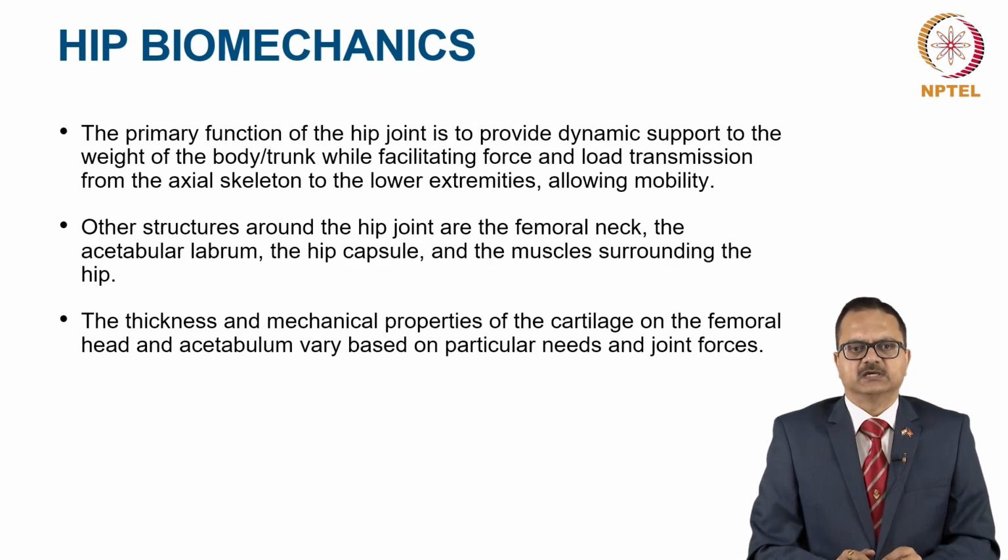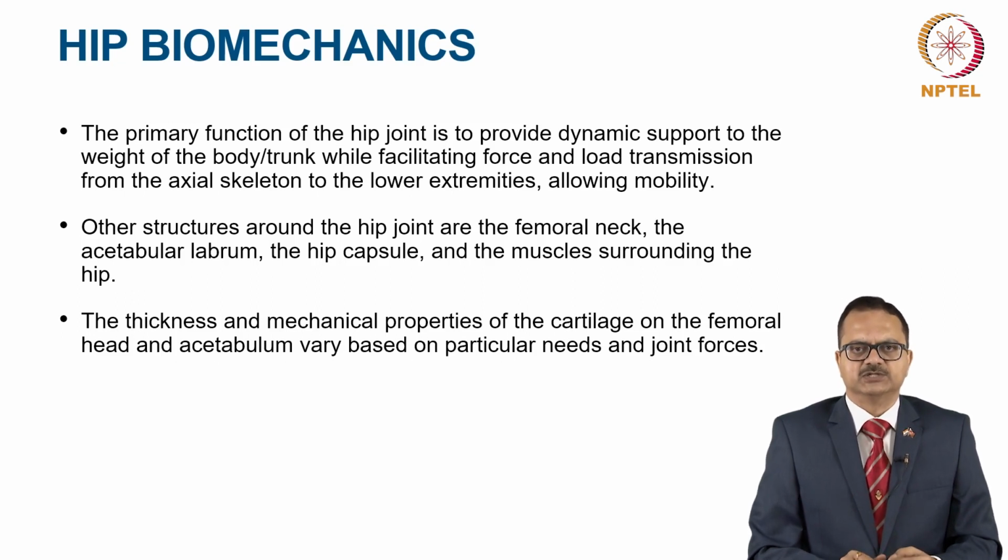Other structures around the hip joint are the femoral neck and the acetabular labrum. Like we saw in the shoulder capsule, there is an acetabular labrum in the hip, and beyond the labrum there is a hip joint capsule. There are also muscles surrounding the hip which add to the stability.